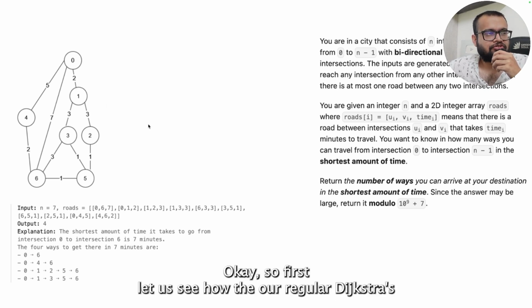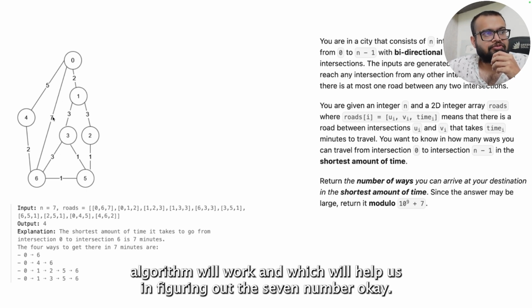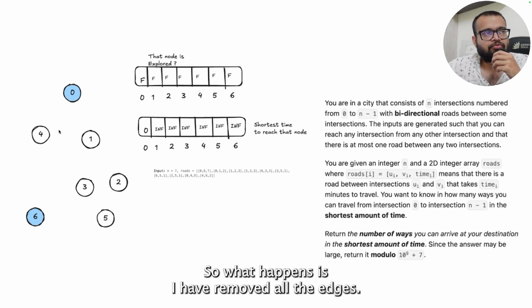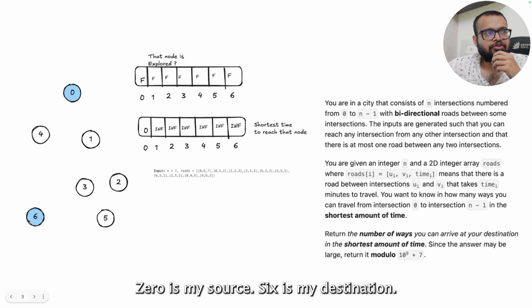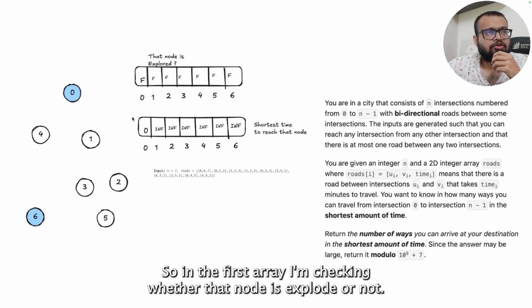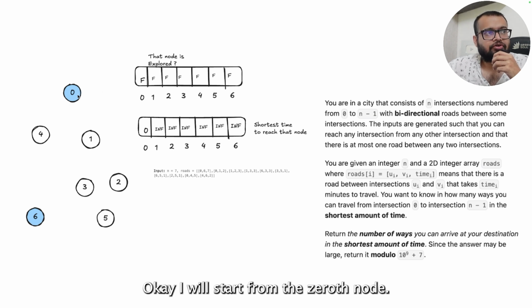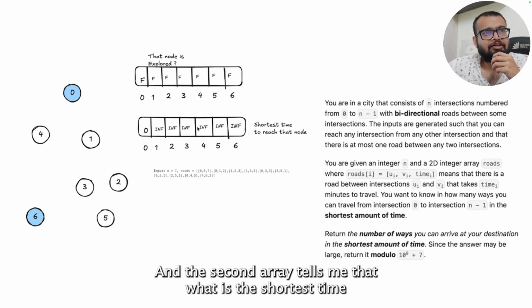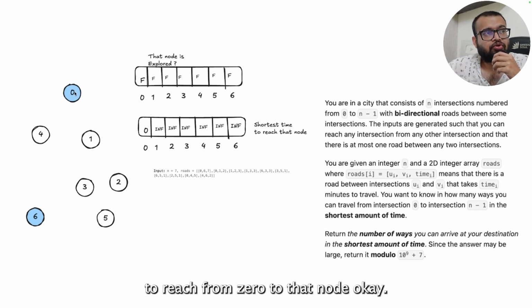First let's see how our regular Dijkstra's algorithm will work, which will help us in figuring out the 7. So what I have done is removed all the edges. 0 is my source, 6 is my destination. I'm taking two arrays. In the first array I am checking whether that node is explored or not. I will start from the 0th node and see whether it is explored, and the second array tells me the shortest time to reach that node from 0.